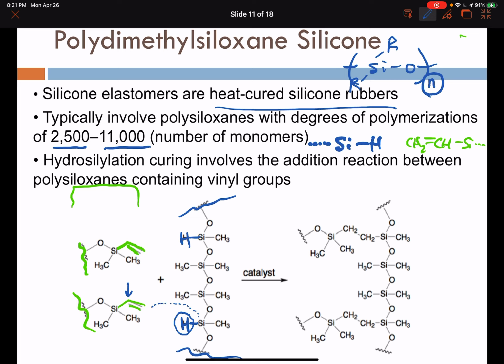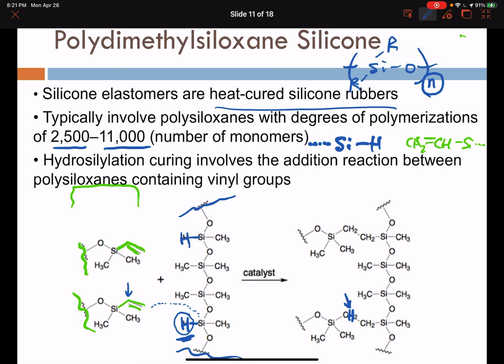To highlight where the hydrogen formerly on the hydrosilane is now found, we will show that right here. So one of those hydrogens is from the hydrosilane functionality prior to cross-linking. Okay, and we see the same thing above.